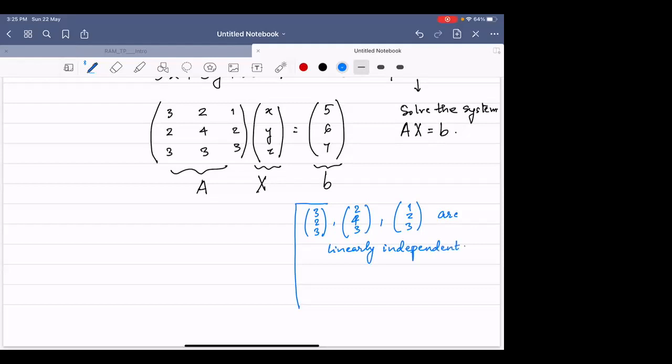And because I know linear algebra, I know that these are three linearly independent vectors in R3. So they span all of R3. So this b lies in their linear span, and so this will have a solution.